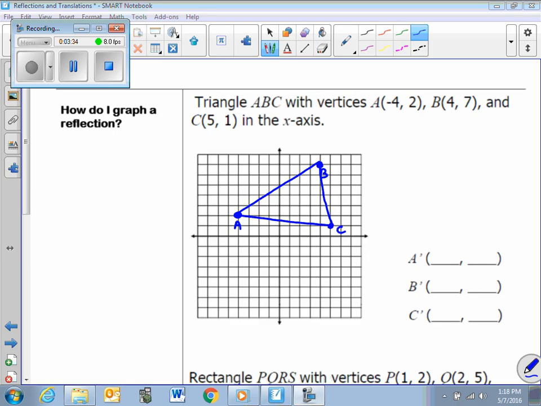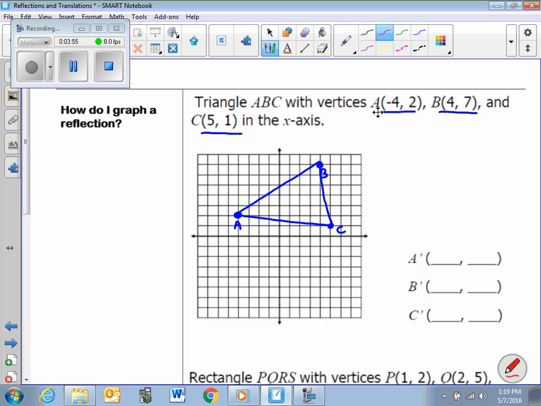I'm just going to start with the figure that I have already sketched using the vertices that are given to me. For instance, here with our triangle, we have A is -4, 2, B is 4, 7, C is 5, 1. And we have our figure there, and it says, okay, we're going to do a reflection, and we're going to reflect it in the x-axis.